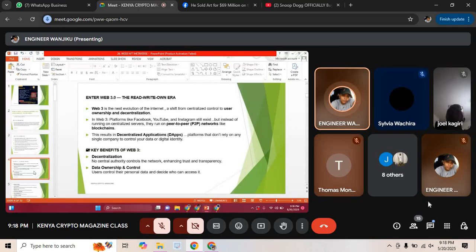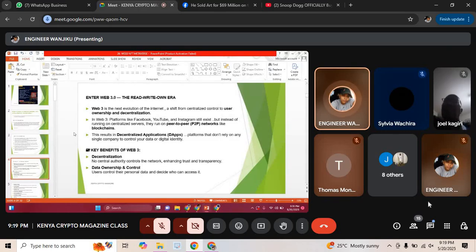Now, Web3 is the next evolution of the internet, a shift from centralized control to user ownership and decentralization. So in Web3, as the consumer, you get to read, you get to write, but on top of that, you get to own your own data. So what is Web3 bringing to the existing internet? They are bringing decentralization.